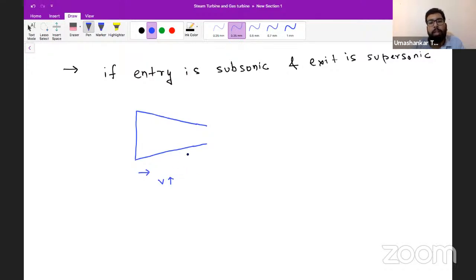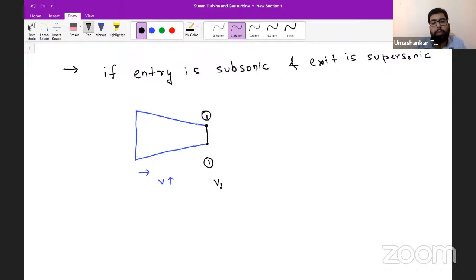With the velocity increasing, at some point it will definitely reach the sonic velocity. Let's say our sonic velocity is reached at section 1-1.